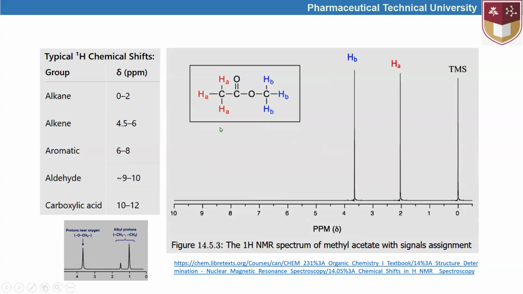And this explains the shielding effect that results from the higher electron density of these hydrogen atoms than the lower electron density of these hydrogen atoms. Therefore, okay, these three hydrogen atoms have signals around 2 here, which is closer to tetramethylsilane, and these hydrogens have their signals between 3.5 and 4.